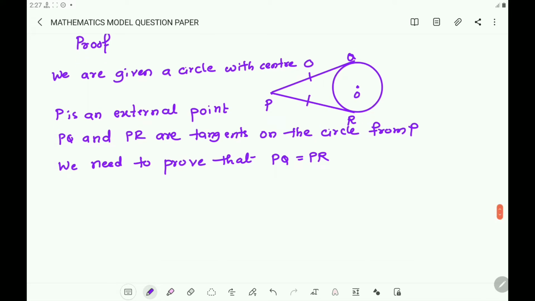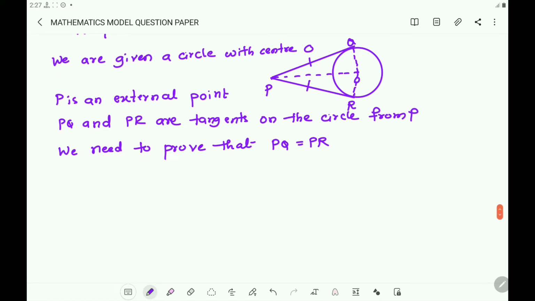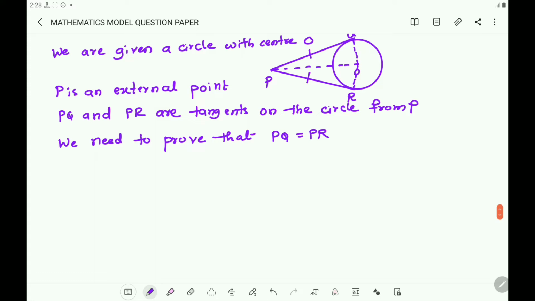To prove this, we have to join OP, and also, as it is an extra construction, draw the dotted lines, join OP, OQ and OR. So that is the extra construction.